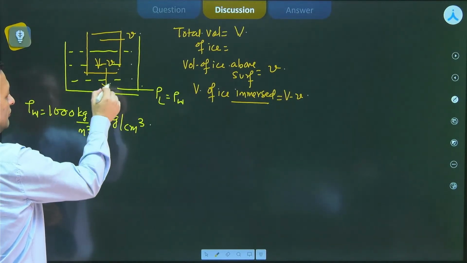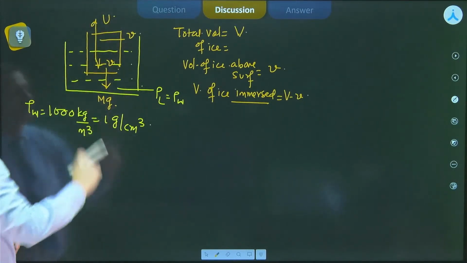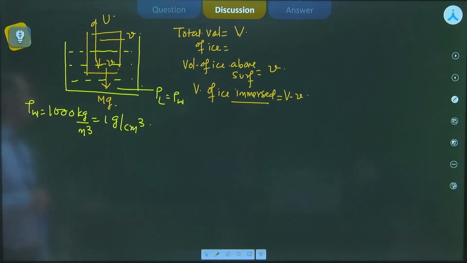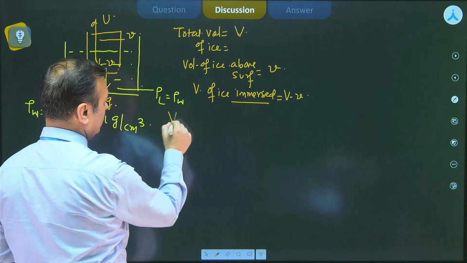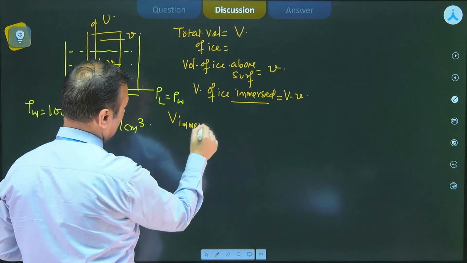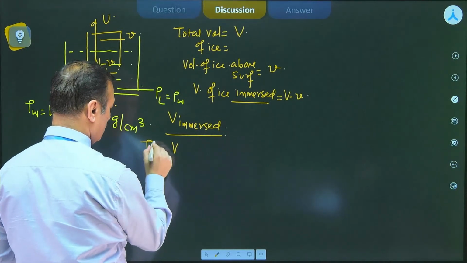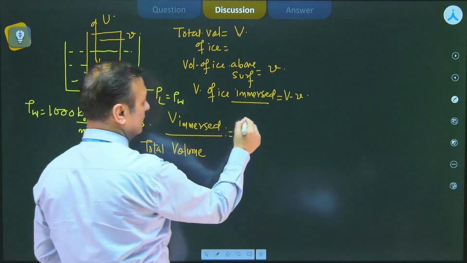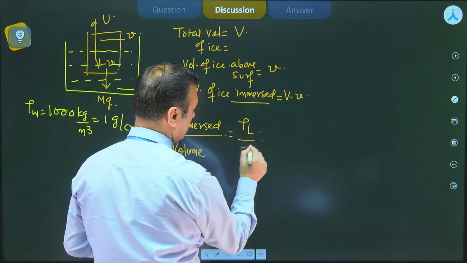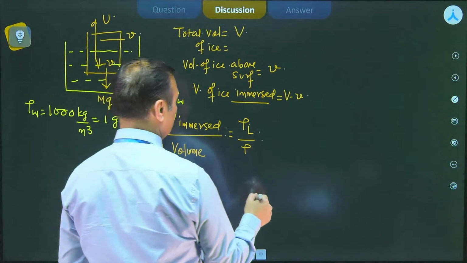Now you have weight and you have upthrust. Do we understand this? Got it or not? So this will give us a very fine condition, volume immersed to total volume of the body, and this will give me density of body by density of liquid.